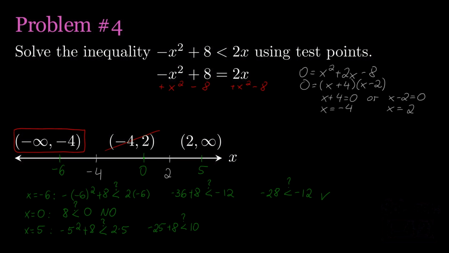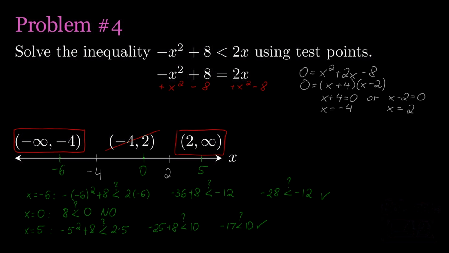Negative 25 plus 8 is negative 17. And negative 17 obviously is less than positive 10. So that's a check mark. And since this test point satisfies our inequality, the whole interval from which it came also does.